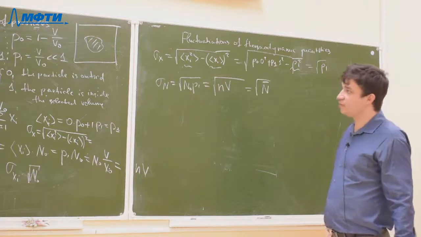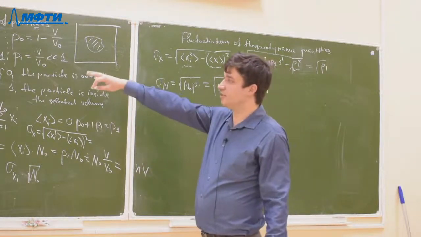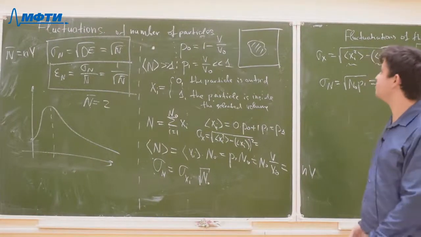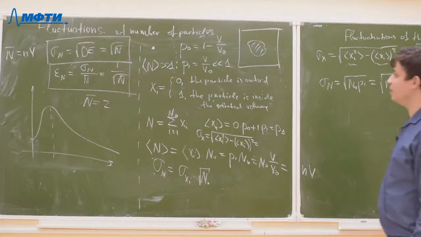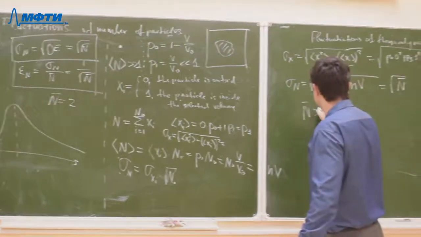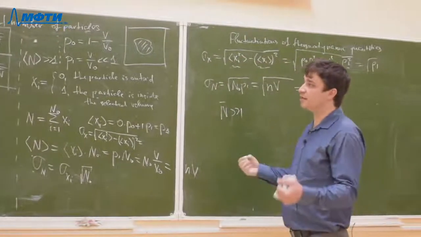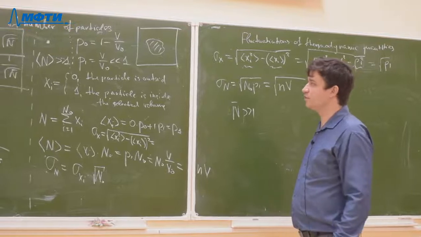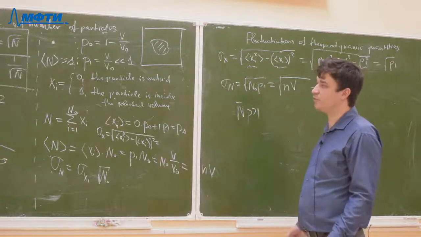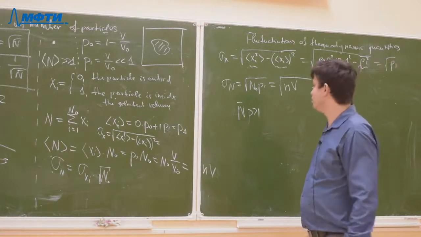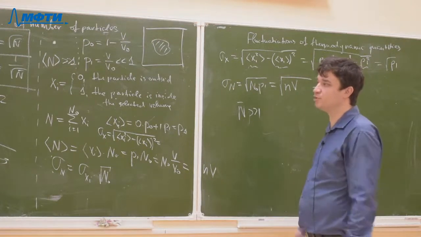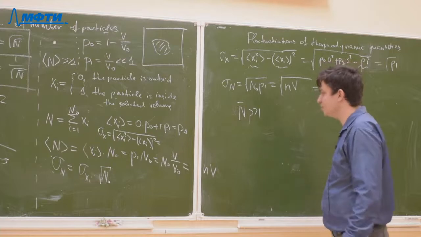So these results, which we derived previously as exact results, can be obtained as a consequence of the central limit theorem under the condition that this number is much larger than 1. Also, we can say that the Poisson distribution becomes normal when the average number of particles in the Poisson distribution approaches infinity. So when it gets large, the Poisson distribution becomes a normal distribution.